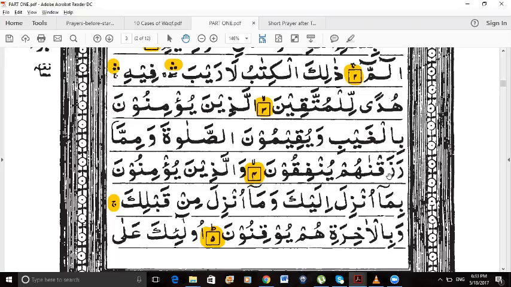So razaqnahum. Excellent, well done. This is obviously a bit more advanced, but when you're reading the Holy Quran, try and look out for those 5 letters, and if they have a sukoon on top of them, then read them with a slight jerk sound, so they have a bit more force on them. Qablik. Razaqnahum. Okay, well done. Now let's move on.